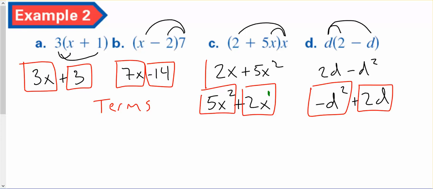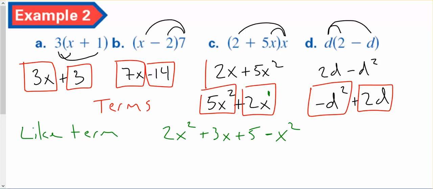A like term would be, let's say I had 2x squared plus 3x plus 5 minus x squared. Like terms need to have a couple of things in common.